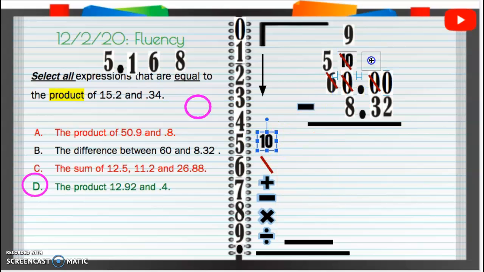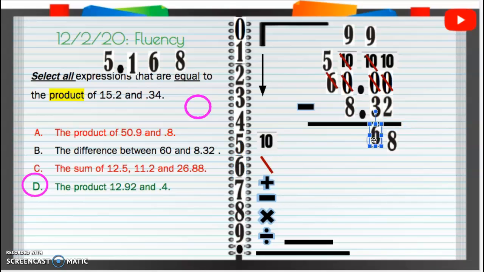Now we can borrow from this 10 to make it a 9 to make this 0 a 10. So now we finally have 10 minus 2, which is 8. So I'm going to put that 8 there. 9 minus 3, 9, 8, 7, 6. I'm going to drop that 6.